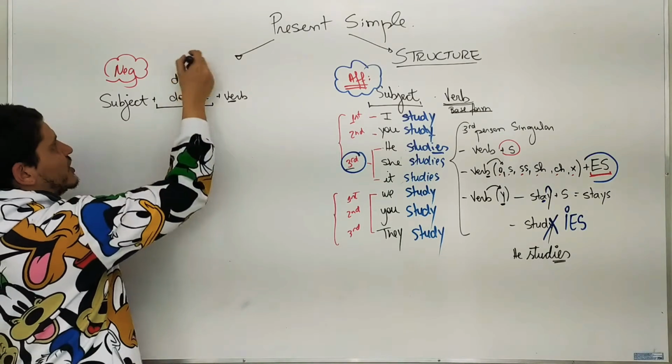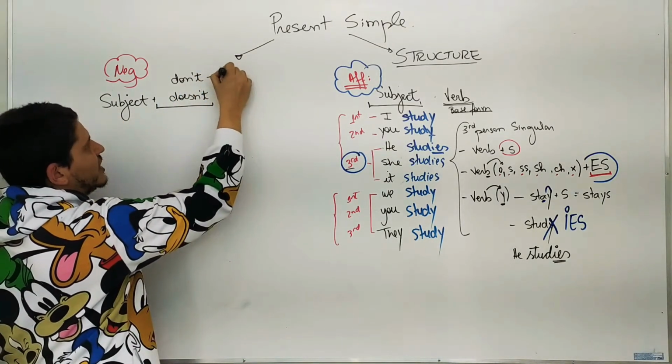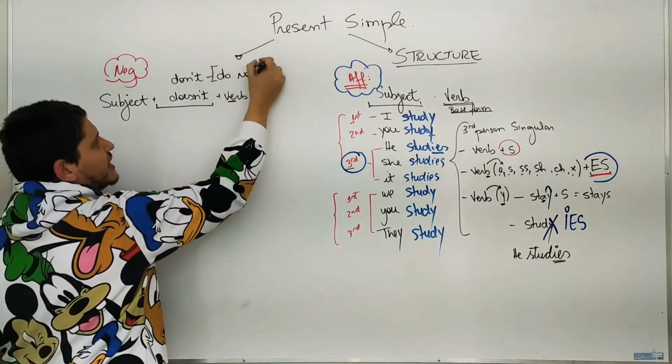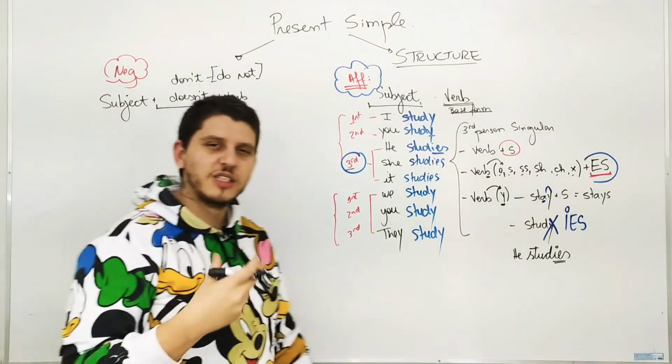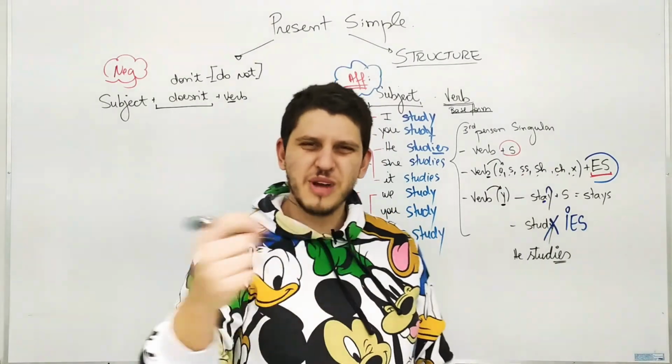Of course, don't is the contracted form. Instead of using don't, we can use do not. The two forms are okay. This one is used more when we want to give more emphasis to something that we are describing, or when we're writing.